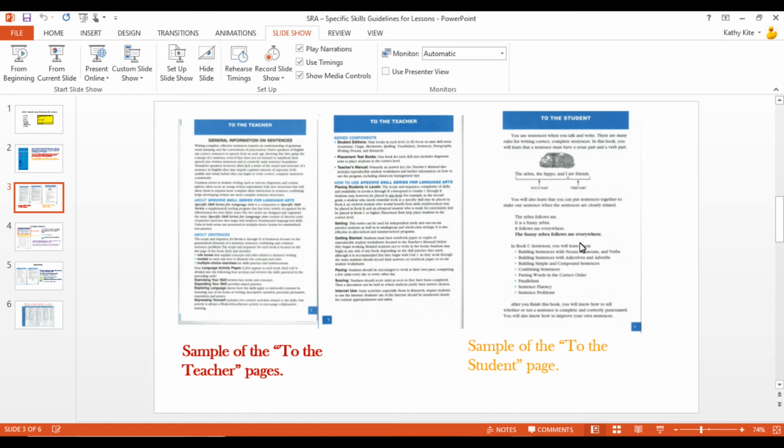Your To the Student page, however, is going to be completely different for each book, and like I said, it's going to have your visual, it's going to provide you with arrows, and it'll say you will learn.